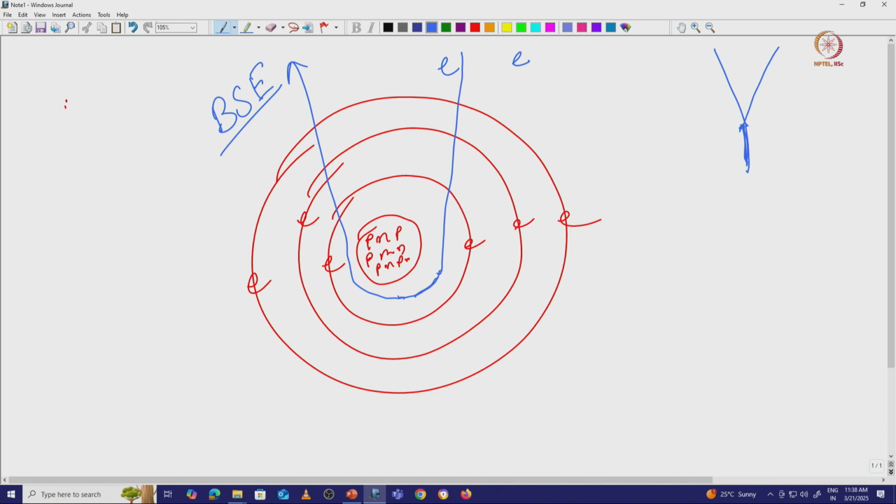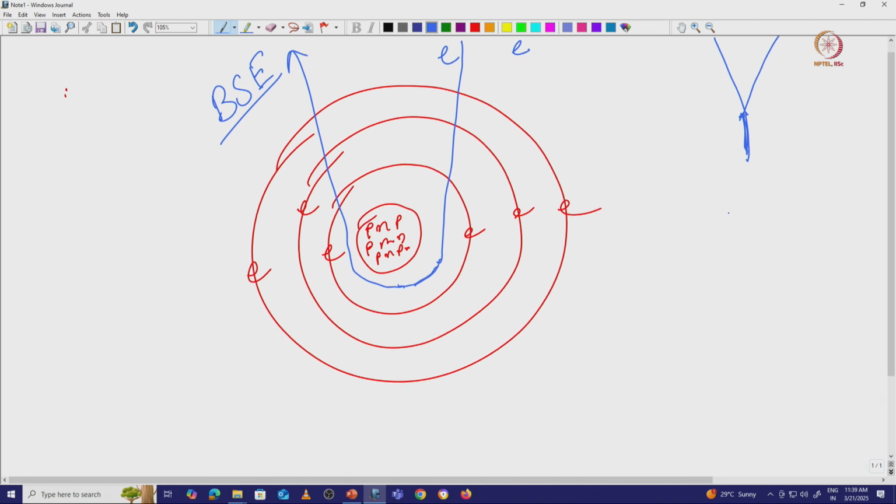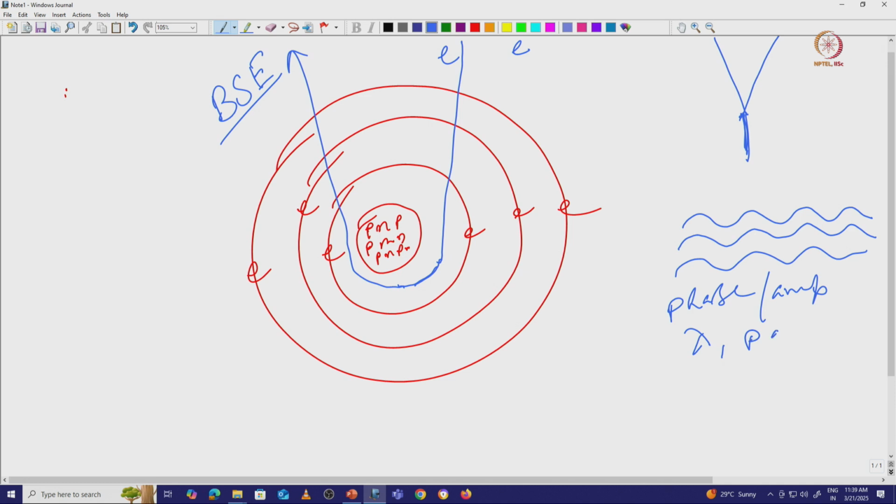If all the electron beams have the same energy, same path length and same wavelength, they will follow this kind of pattern where the phase, amplitude, wavelength, path, everything is the same. Then we say that this is a coherent electron beam.